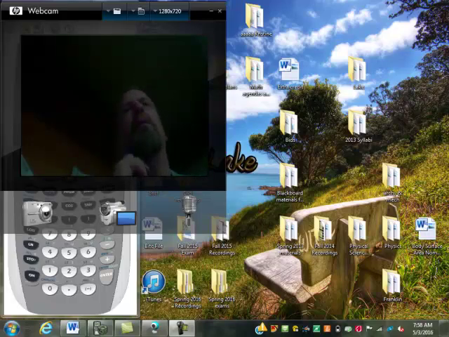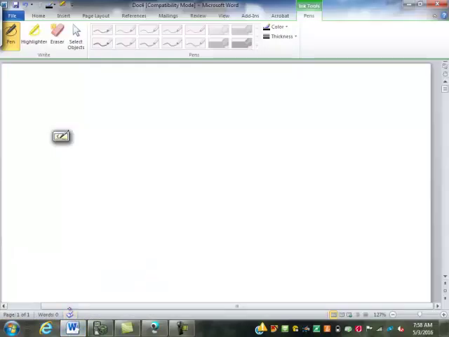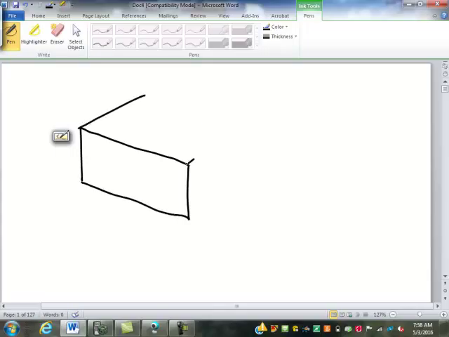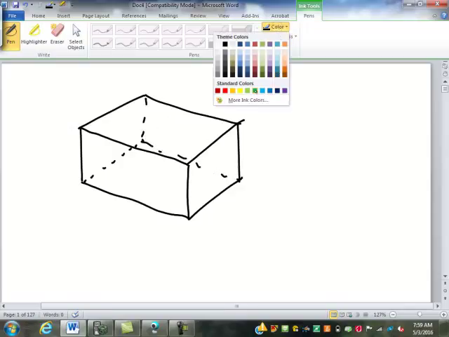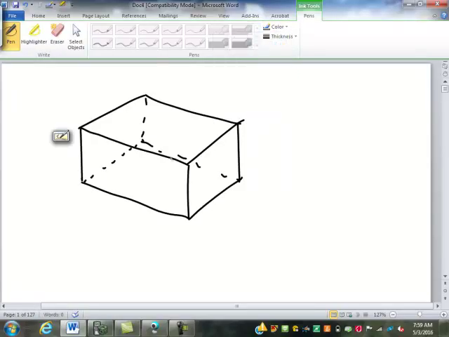Okay, so what we're going to be looking at today is, still looking at compound, instead of compound angular drilling, we're going to look at a compound angular surface. So let's take our block, and what we're going to be doing with it today is taking a corner off our block.